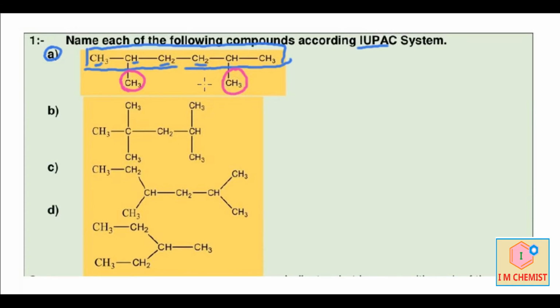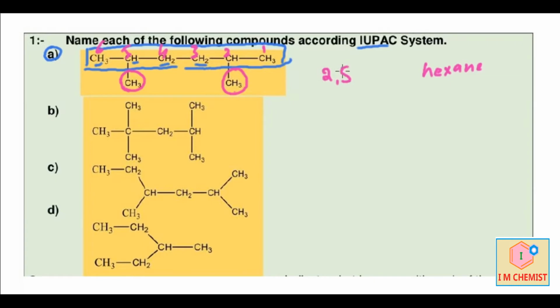Now how many carbon atoms are there in the parent chain? As you can see, 1, 2, 3, 4, 5 and then 6. So its name would be hexane. Now you have to write about the substituents. As you can see, at carbon number 2 we have a substituent, and then at carbon number 5 we also have a substituent.